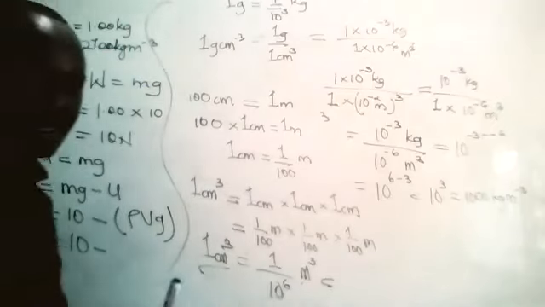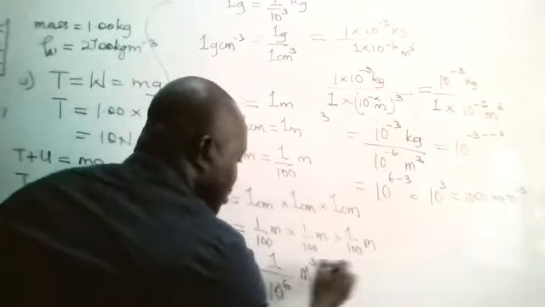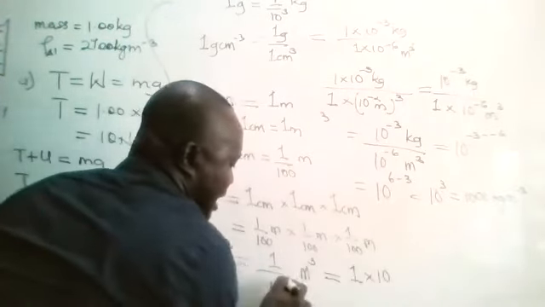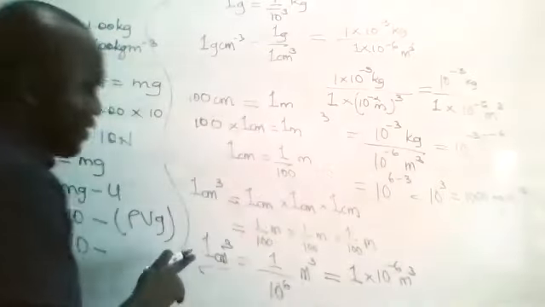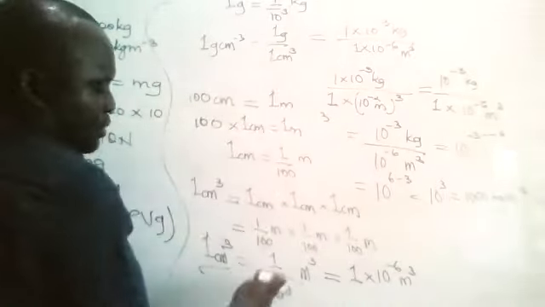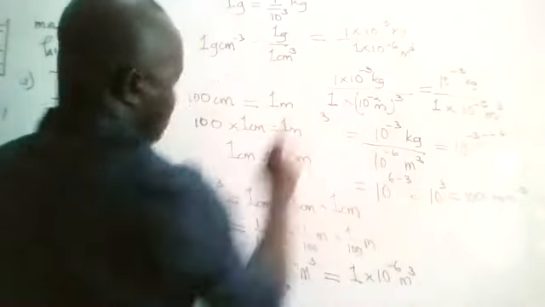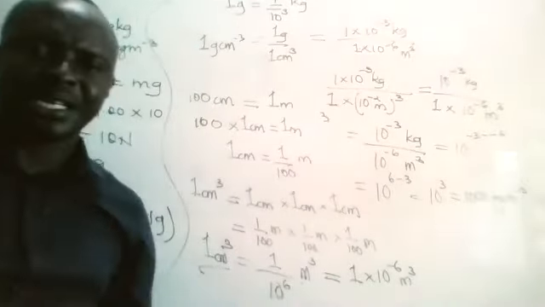Okay, sir. So this is the same as 1 times 10 to the power -6 meter cube. So you have converted 1 cm cube in meter cube, and 1 gram in kilogram, and you can easily do that.